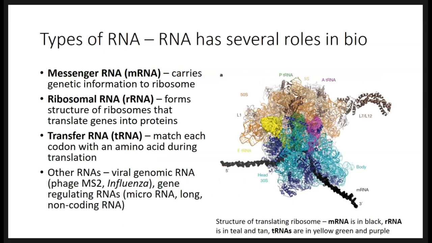So as I said, the complex structure of RNA allows it to have many different functions and roles that include messenger RNA. So messenger RNAs are single-stranded RNA that carry the genetic information from DNA to the ribosome. So the ribosome is a complex inside the cell that carries out the making of proteins.